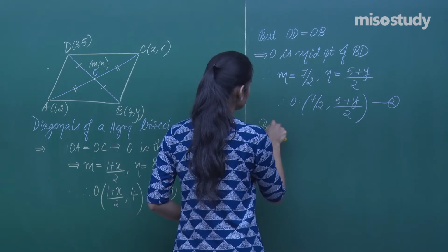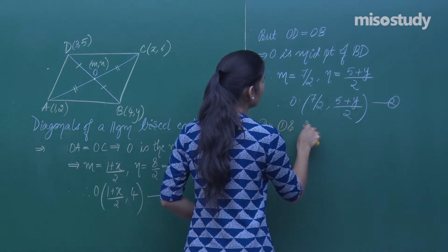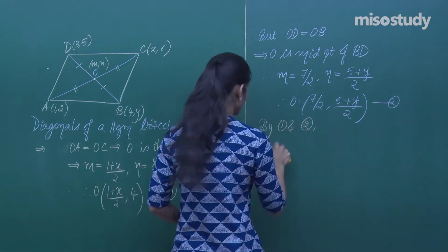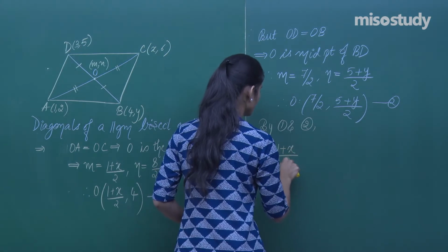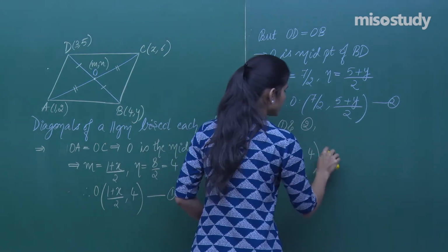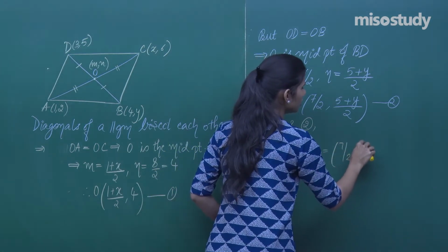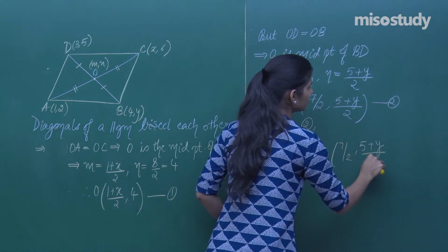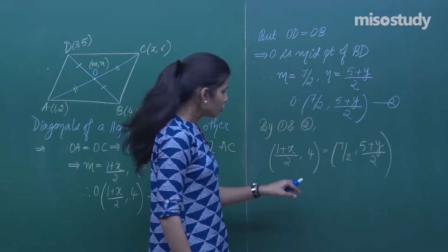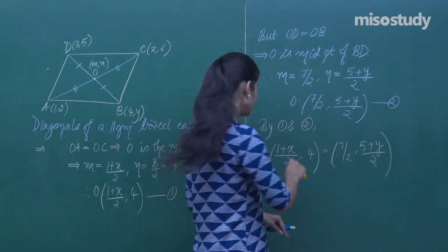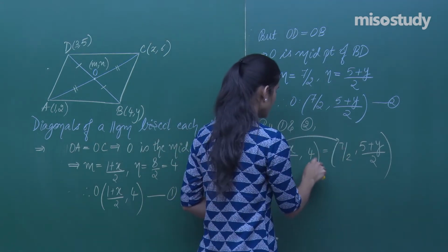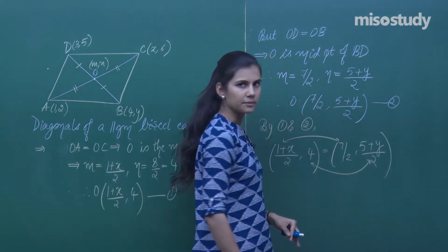So by 1 and 2, both these ordered pairs are going to be same. I have (1 plus x upon 2, 4) equal to (7 by 2, 5 plus y by 2). Two ordered pairs are same if and only if the x coordinates are same and the y coordinates are same.